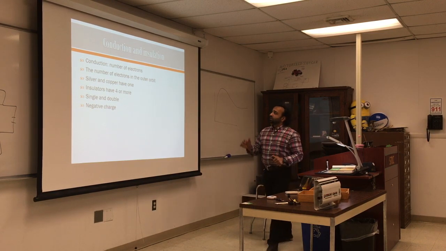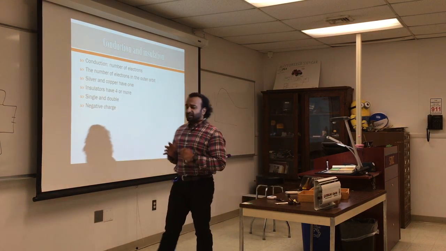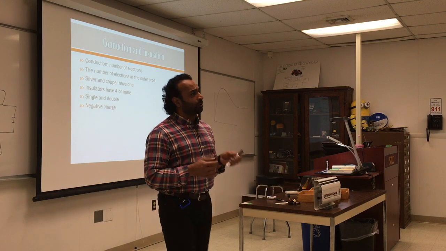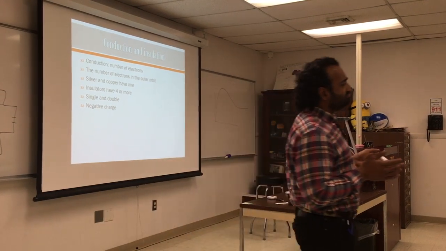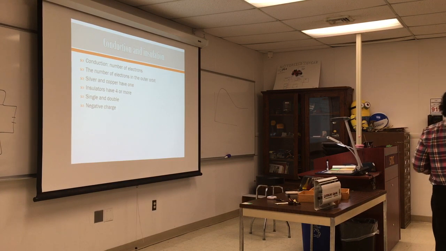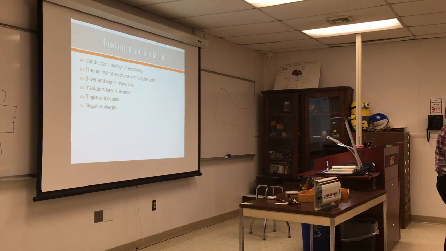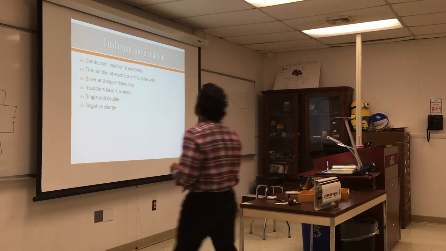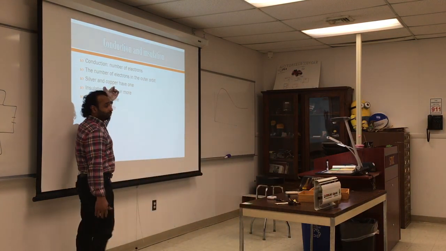Okay. So conduction depends on the number of electrons in the last orbits. We said that conduction happens in material that's mostly metallic. Ceramics do conduct a little bit. Silver and copper have one, so they're really good conductors.